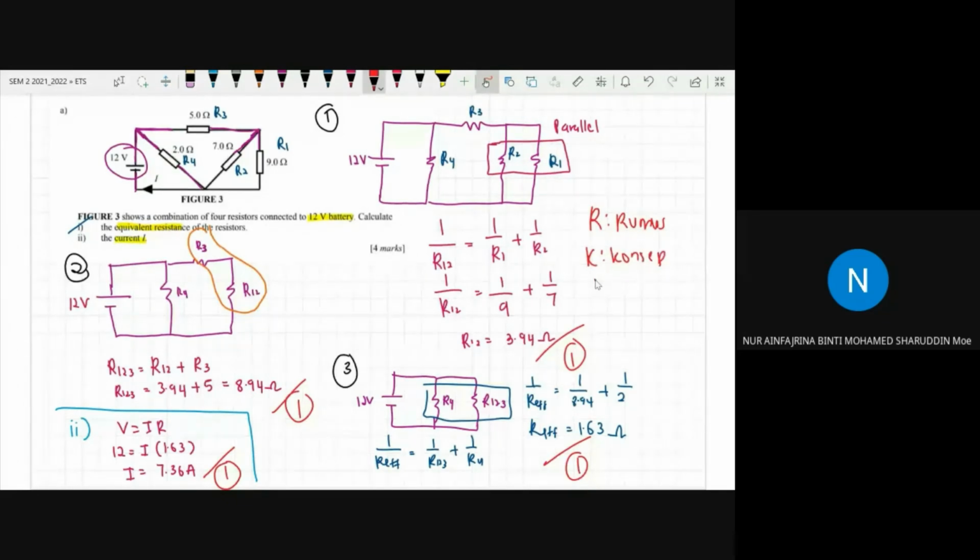Awak boleh dapat markah G. G stand for gantian. J adalah markah untuk jawapan. Dan U adalah markah untuk unit. So banyak markah. Subjektif ni banyak markah boleh dapat. Tapi awak kena rajin lah. Rajin tulis formula, rajin lukis. Sebab kalau awak lukis baru pemeriksa tu akan nampak apa yang awak buat.